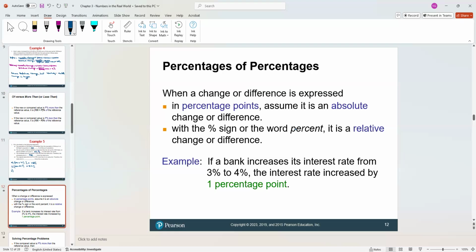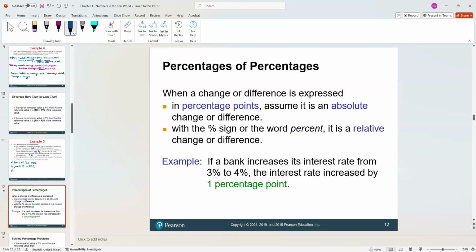Suppose a bank increases its mortgage interest rate from 3% to 4%. That's something you hear very often. The bank says, we increased our mortgage rate from 3% to 4%. It's tempting to say that the interest rate increased by only 1%. That's not true. The statement is ambiguous at best.